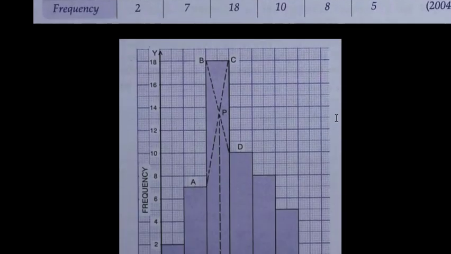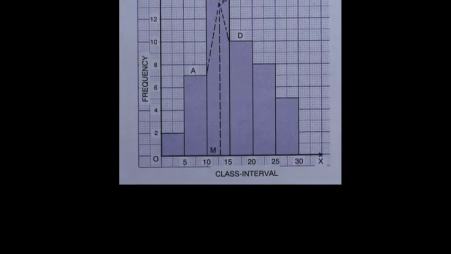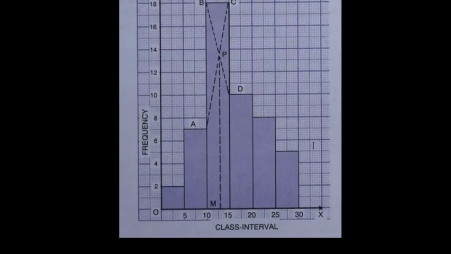So what it says, see, this is your highest rectangle. Now on either side of this highest rectangle you will see one rectangle which is named A, and the other rectangle which is named D. So from this point we have drawn one dotted line.